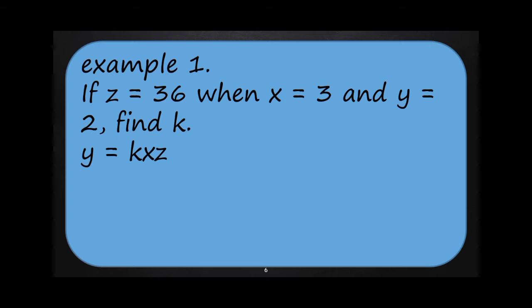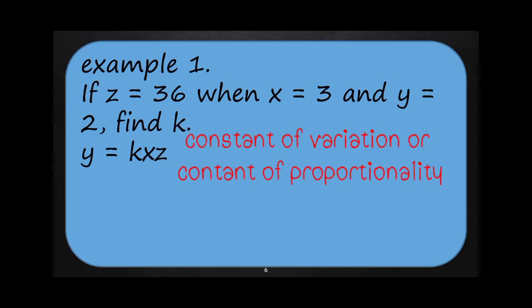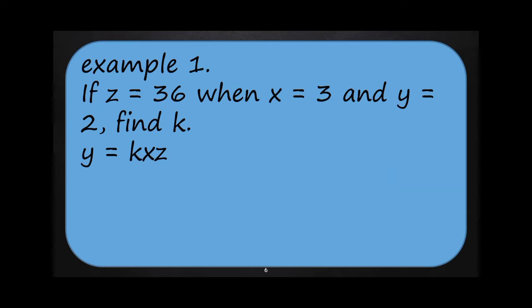Katulad ng nasa direct variation, k is the constant of the variation. So y is equal to 2. Replace y by 2, then this is equal to k, which is yung hahanapin natin. Then x is also given, and it is 3. Then z is equal to 36.